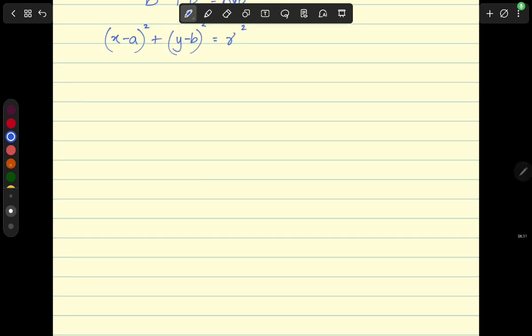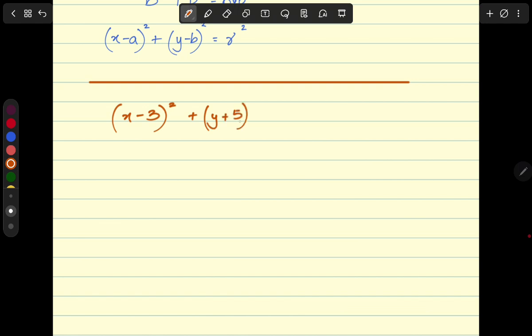Now, having said that, it should already make it easier for you to read an equation of a circle. So for example, if you're given an equation (x minus 3) whole squared plus (y plus 5) whole squared is equal to 16.